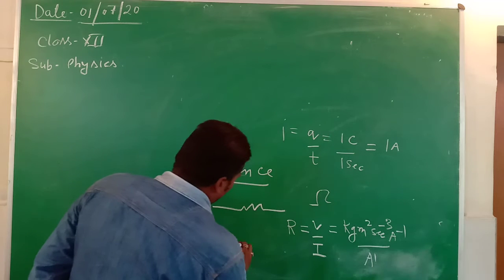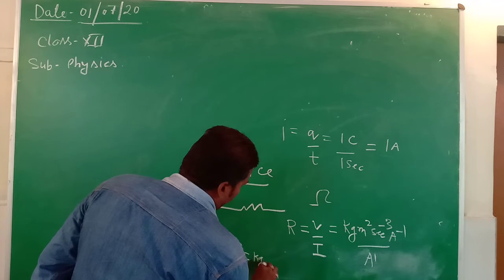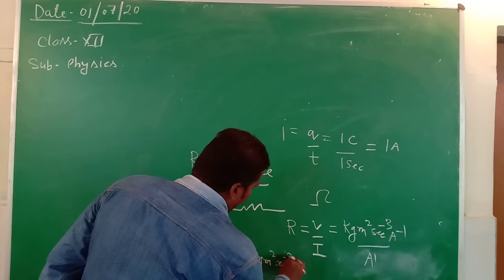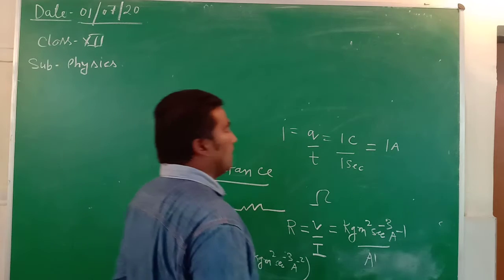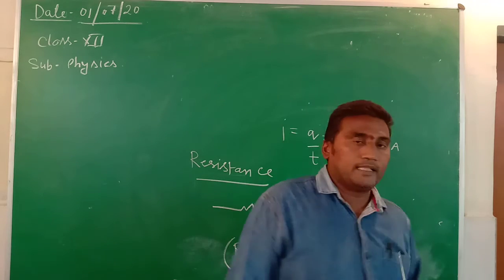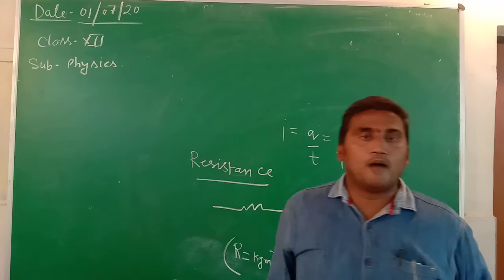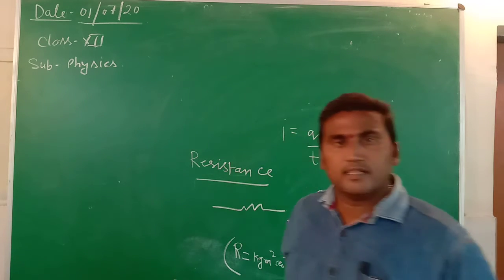So the derived unit is kilogram meter square second power minus 3 ampere power minus 2. That is, the SI unit of resistance is ohm, but the derived unit of resistance is kg m² s⁻³ A⁻².